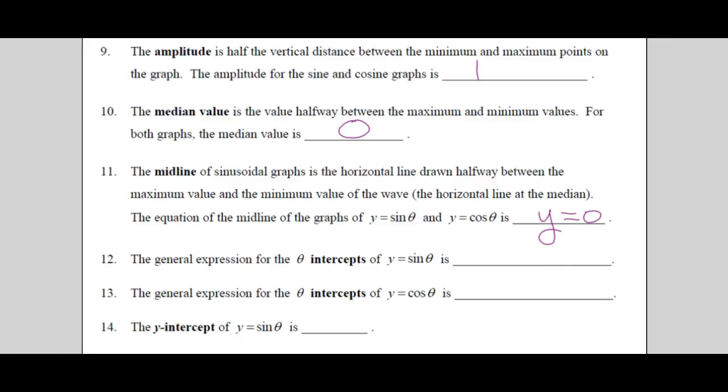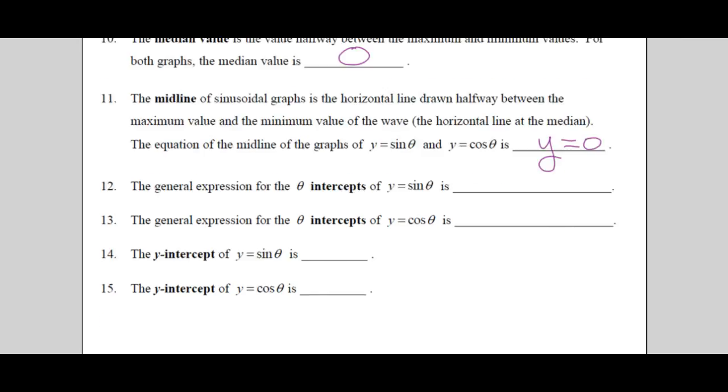The general expression for the theta intercepts of y equals sine theta. So look back at your sine theta graph. Where is it intercepting the theta axis? 0, pi, 2 pi, negative 1 pi, and negative 2 pi. So how are we going to say that? We usually say n pi.